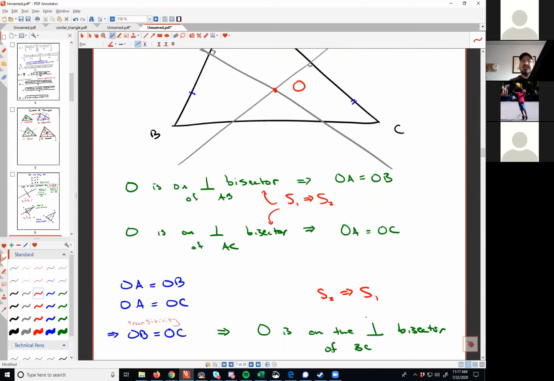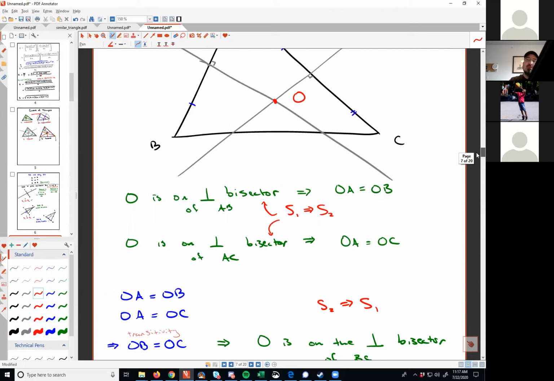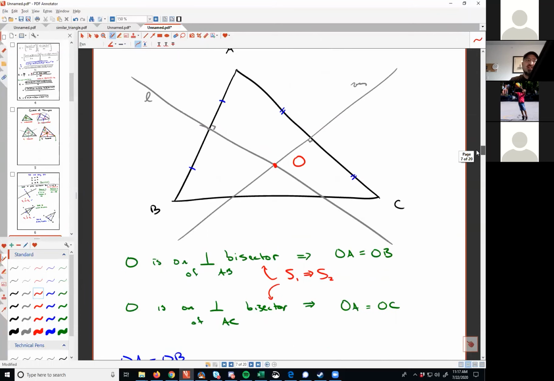This is why this two-directional logic, these equivalent statements, are so important. We use statement 1 implies statement 2 twice. Then we used that information through transitivity to set up the use of statement 2 to imply statement 1.